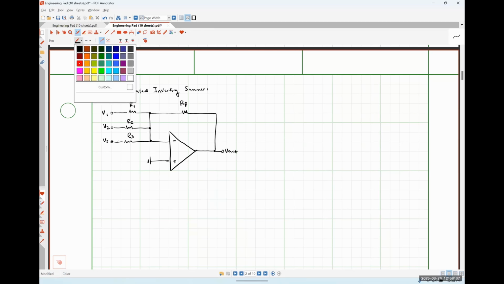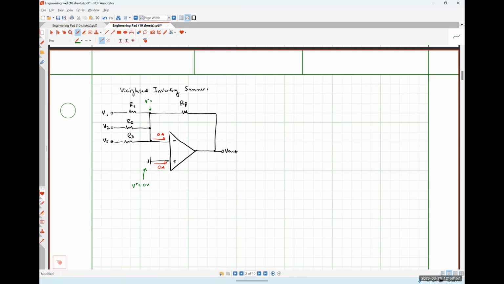So applying my ideal op amp rules, once again, 0 amps flowing into the input terminals of my op amp, I can see very easily that the voltage present at the non-inverting input terminal is 0 volts, which means the voltage present at the inverting input terminal is also 0 volts. And now I'm going to apply KCL at my inverting input node. So that's adding this current plus this current plus this current plus this current together, setting them equal to 0.